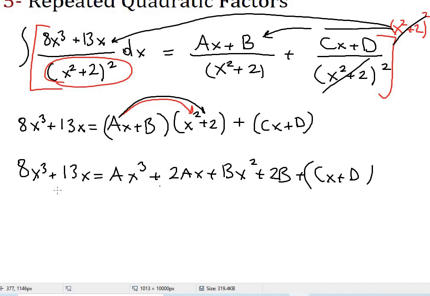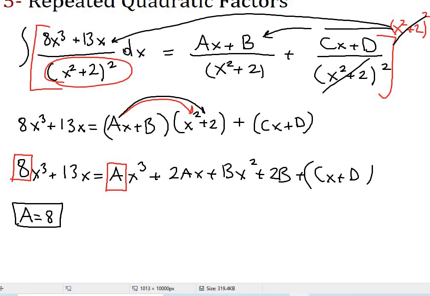Now we can match up left hand side and the right hand side. This is the cubic form, x cubed, so I have to match x cubed on the left hand side. The coefficient of x cubed is 8, here the coefficient of x cubed is a, so a is equal to 8.